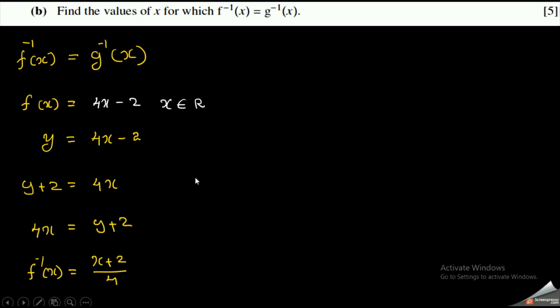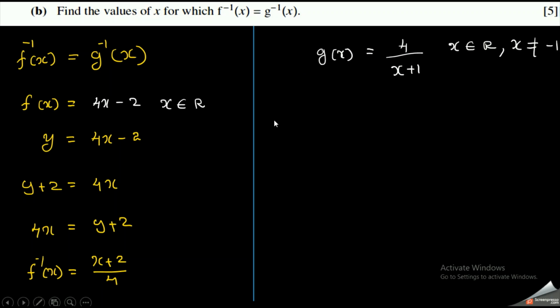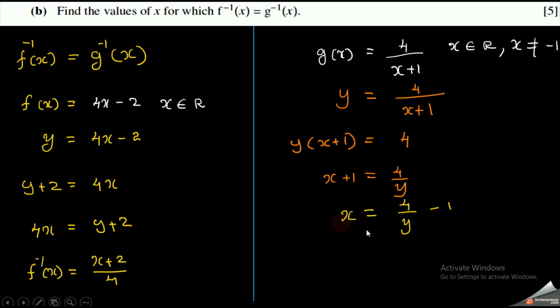I didn't explain much because these are very easy typical steps, right? Then g inverse also is something similar to that. We make this y and then take this to this side, y times this, and make x the subject. So x plus 1 is 4 over y, x is equal to 4 over y minus 1, therefore g inverse x is equal to 4 over x minus 1.